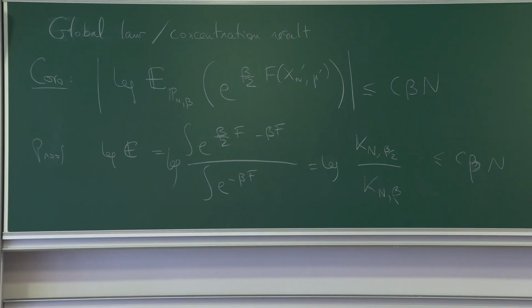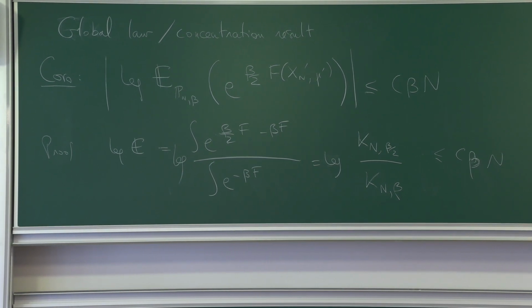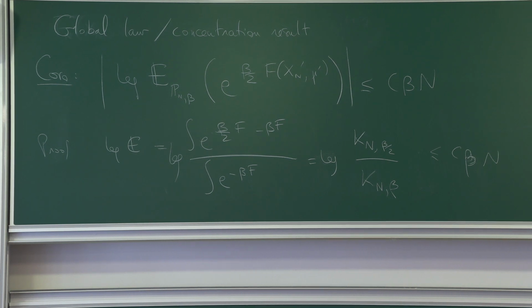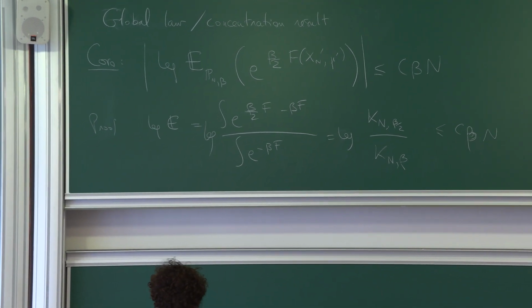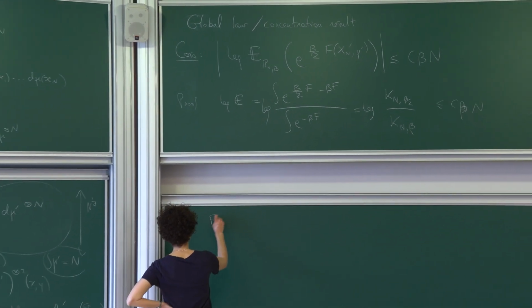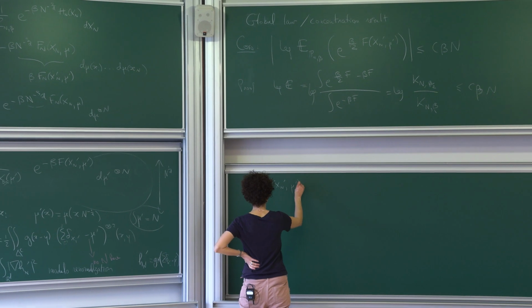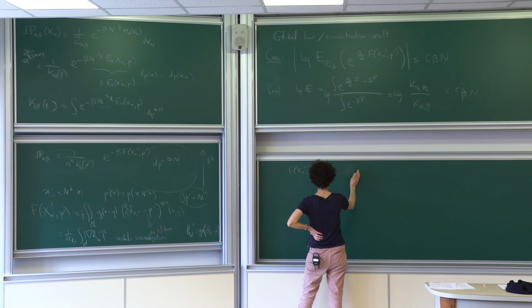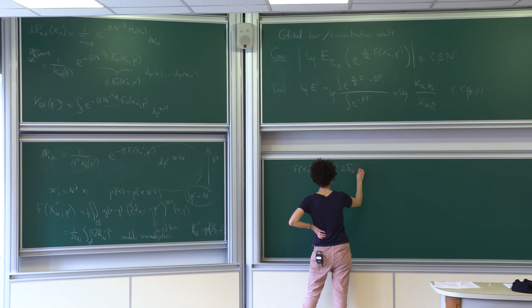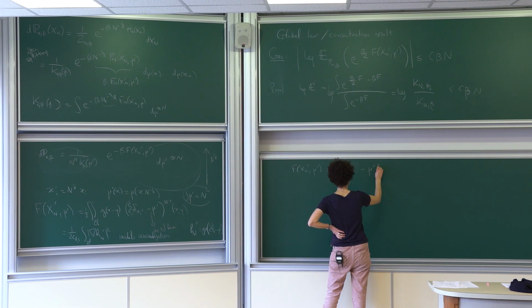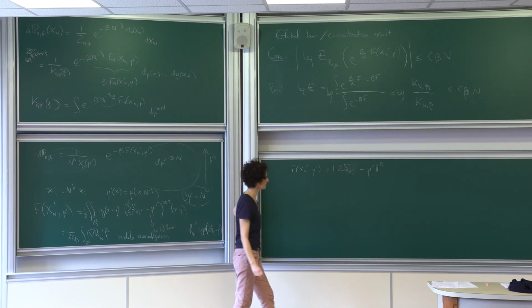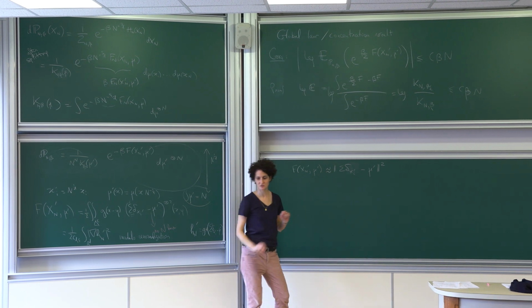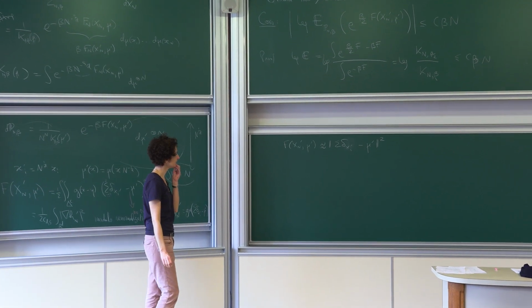All right, so now if you think of what this is telling you, in exponential moments you control a distance between your empirical measure and the reference measure. I remind you that this function, from what we learned last time, is a sort of norm squared of the difference between the empirical measure and the reference measure, with some sense to be specified.